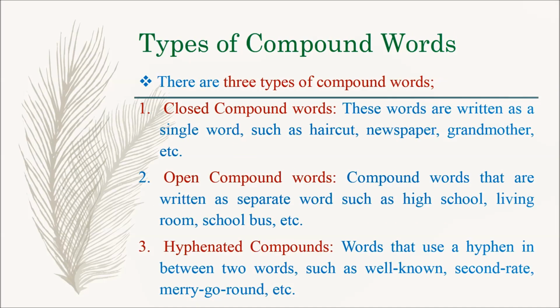Students, for your clear understanding, let's see types of compound words. There are three types of compound words: closed compound words, open compound words, and hyphenated compounds. First, let's see closed compound words.